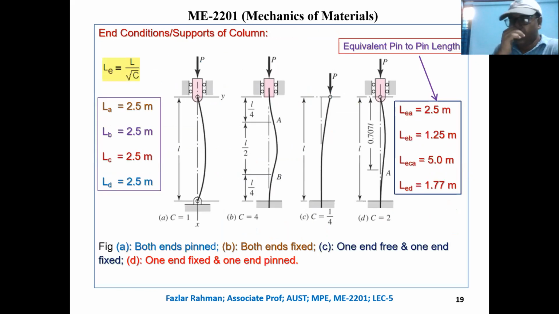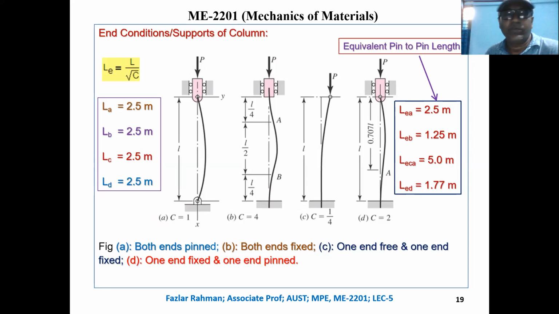Now you need to know what is actually the equivalent length. What does it mean? It's coming from the one problem: we derived the Euler equation for pin-to-pin support. We did not derive it for other supports, like both ends fixed, one end free and the other end pin. No, we derived only for one end condition.